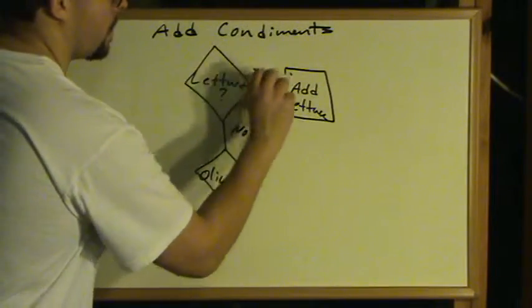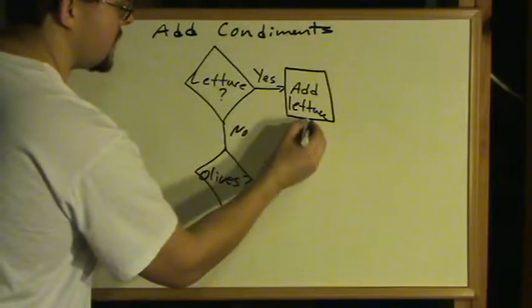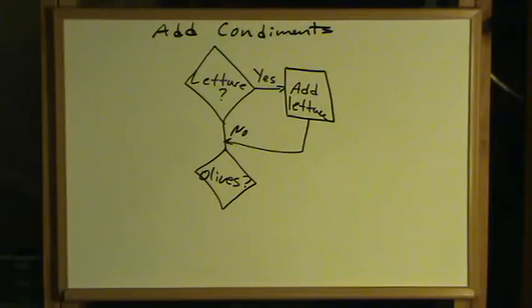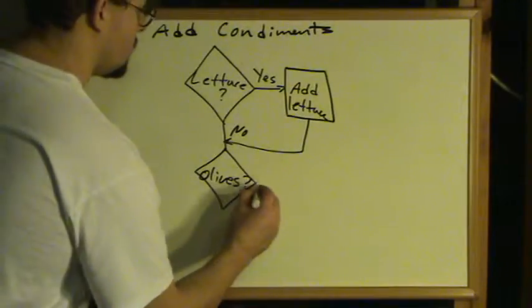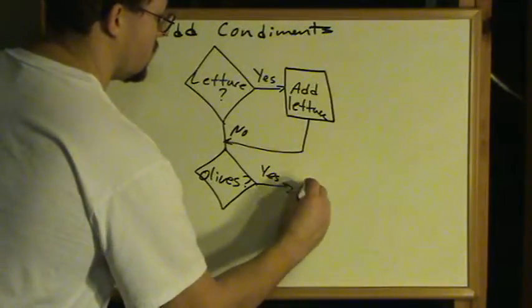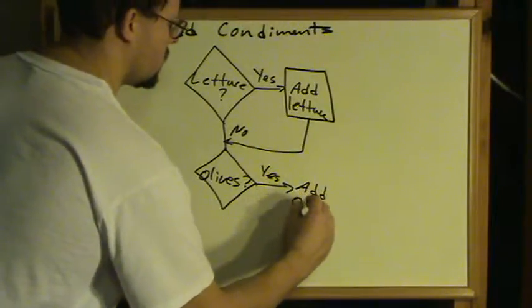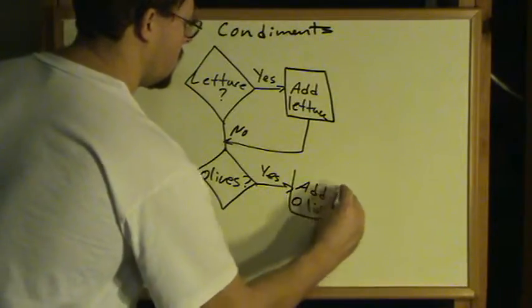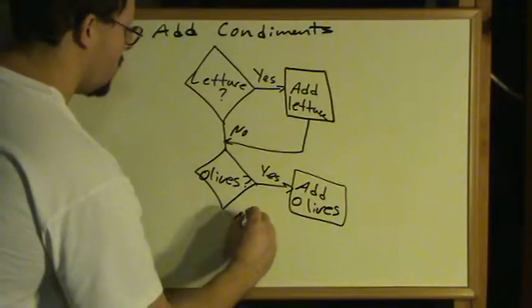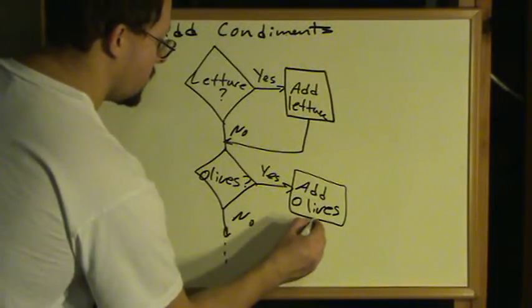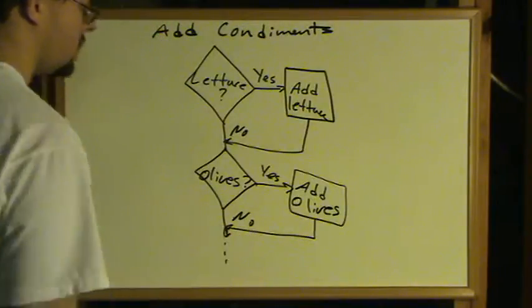So if we added lettuce, then we need to come back to our main path here. You see that? So now we can ask for olives. Again, if it's yes, add olives. If it's no, we don't. And we move on to the next step. See how that works?